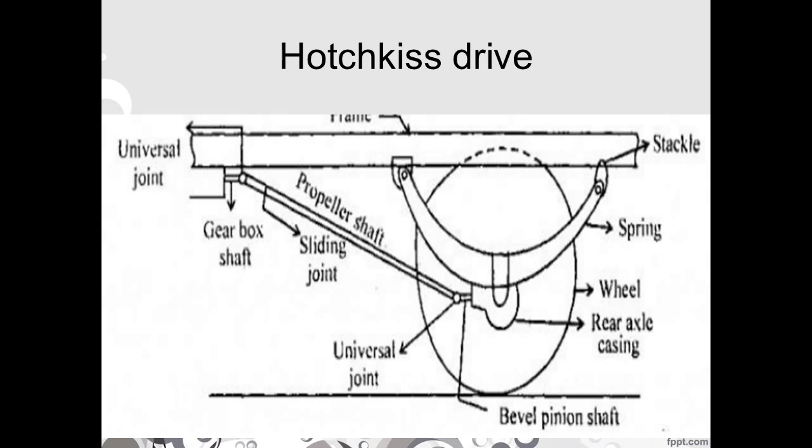O2 is the center of the rear universal joint. Since these two centers do not coincide, the distance between the front universal joint and the pinion shaft of the axle will alter during the up and down movement of the axle, and to accommodate this, a sliding joint is to be used in the propeller shaft. This is the working and need of the Hotchkiss type.